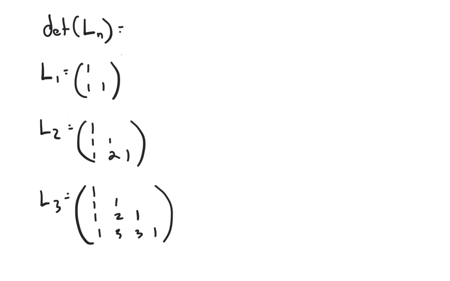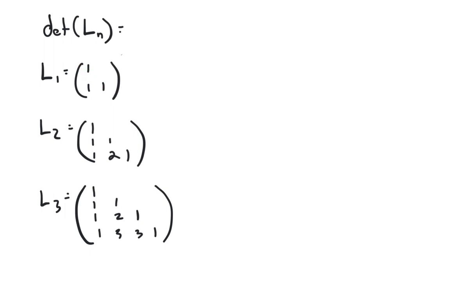So now that we have Pascal's triangle written in terms of a matrix, maybe it's a good idea to ask, what are some matrix properties of this Ln? Well, a very easy one's the determinant. If you remember, all of these Ln's just have ones on the diagonal, and this is a triangular matrix.